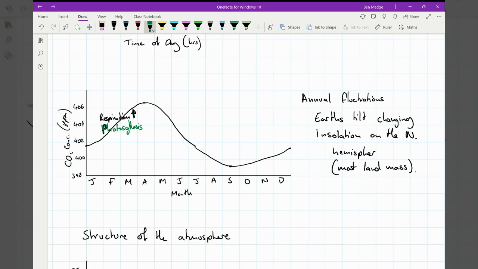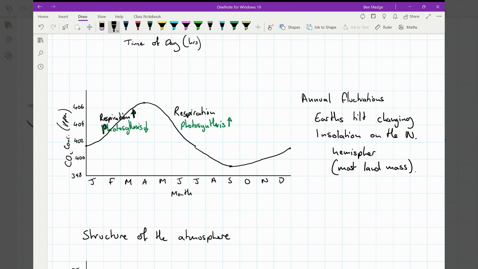Until it reaches that peak in April, and then we find that the increasing level of light available due to the seasons in the northern hemisphere means that photosynthesis increases, and the amount of decomposition means that respiration either remains the same or decreases slightly.